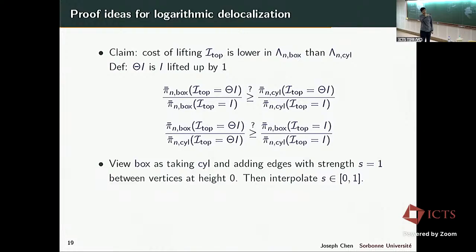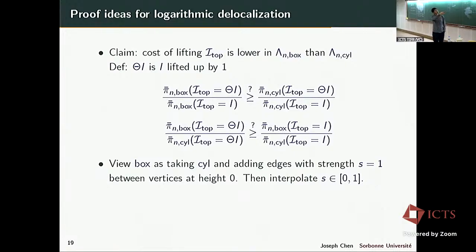But in the random cluster perspective, this box domain is just the cylinder domain, but I just enforce this sheet of edges. So at height 0, I just put an edge there with probability 1. And that gives me the box domain. If I don't put them there, so I put them there with probability 0, then it's just the cylinder domain. And so then I can interpolate between the two by adding them with probability s.